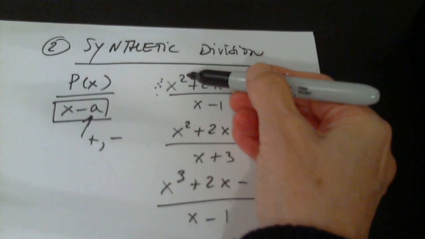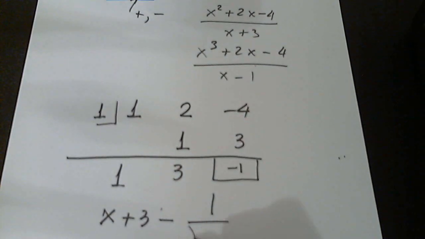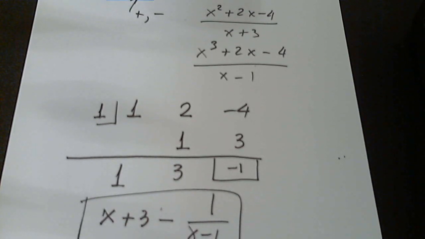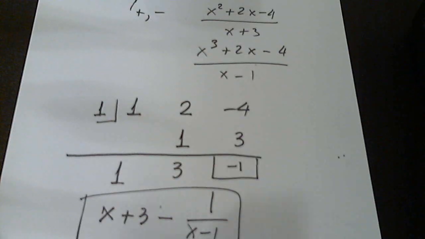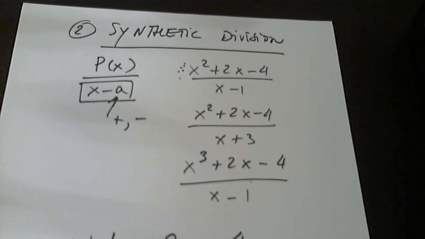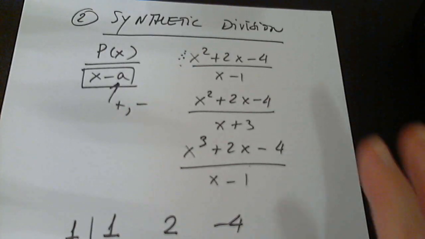Since I divided degree 2 by degree 1, the answer must be x plus 3 minus 1, the remainder, over x minus 1. We're going to have plenty of examples in a minute. So I'll stop and just review this, and I'll stop, promise, for 10 minutes.